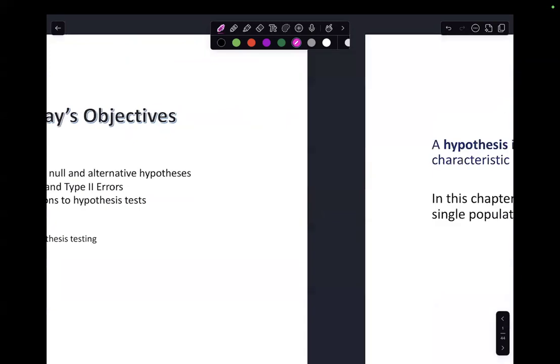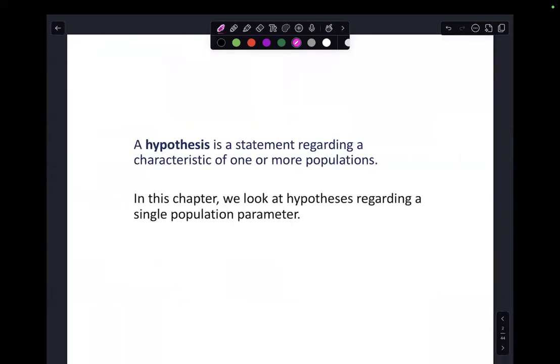Okay. So what a hypothesis is, I'm sure you've taken science classes, if not in college, then definitely in high school. A hypothesis is a statement that we make about what we think something is. So we will make a statement that we think might be true about a characteristic of a population.